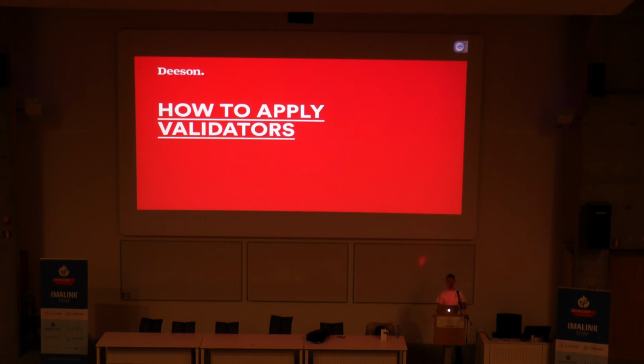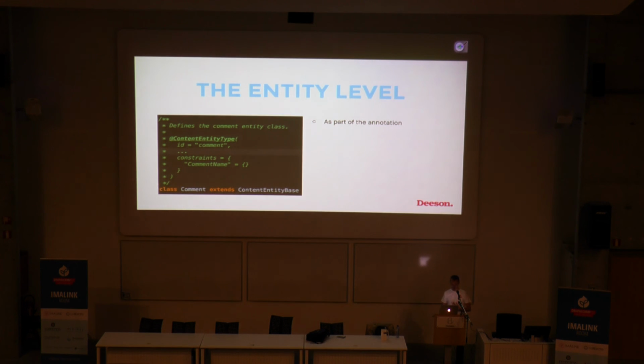So now is the really interesting part. How do we really use this? We've seen what they are and how you can create them. So how do we use these? It's actually quite simple. If you are creating your own entity type and you have a validator or a constraint that can work on the entity level, all you need to do is put it in your entity type's annotation.